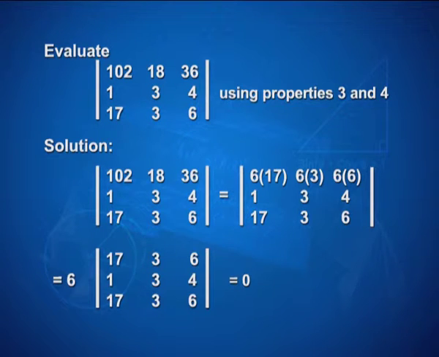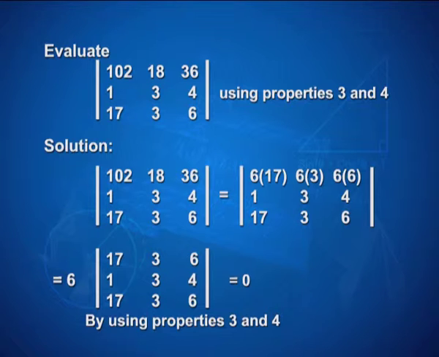Can you tell me why? Because the property says, if we have two identical rows or columns, the value of the determinant is always 0. Here we have 17, 3, 6 as the first row, and 17, 3, 6 as the third row. They are identical.